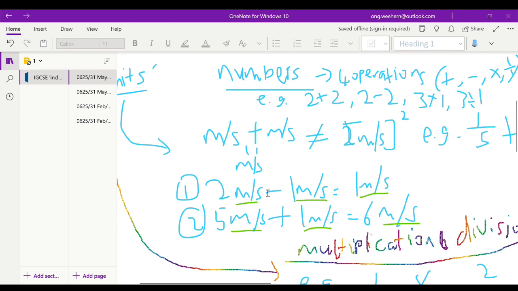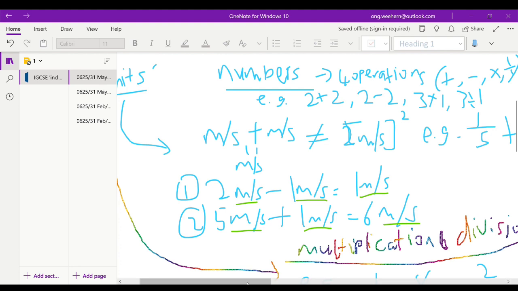Then we can perform the numerical calculation. Take note that the final answer must have the same unit as the earlier constituents. So we have meter per second minus meter per second, and it gives you meter per second. Notice the units are the same. The similar thing can be said for addition.